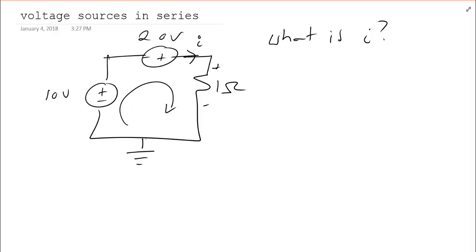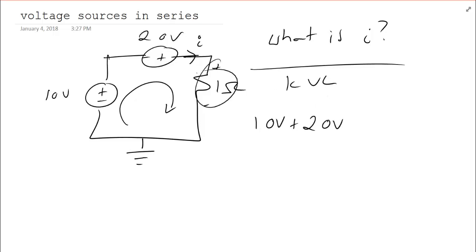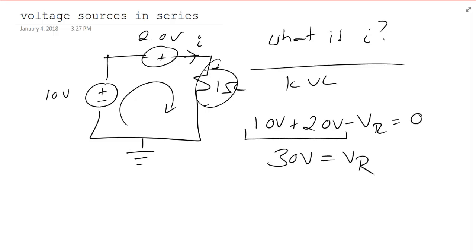They share this current I. So by KVL, I have 10 volts plus 20 volts minus VR is 0. And what we really want to know is what happens to these. Well, I just add them together, don't I? I get 30 volts equals VR.